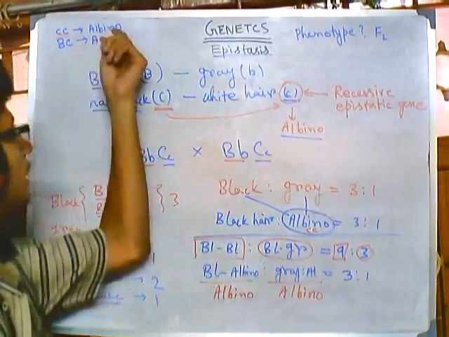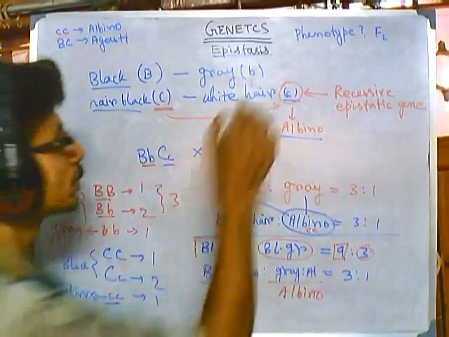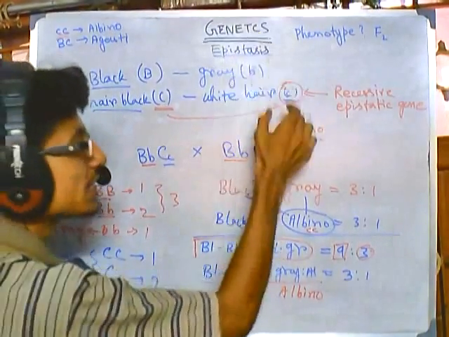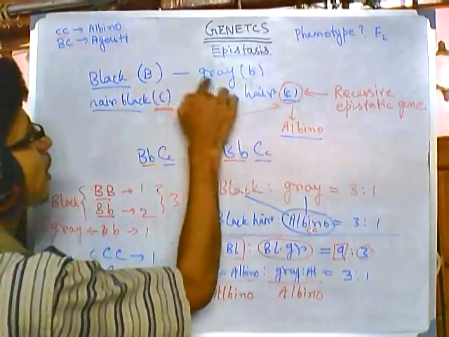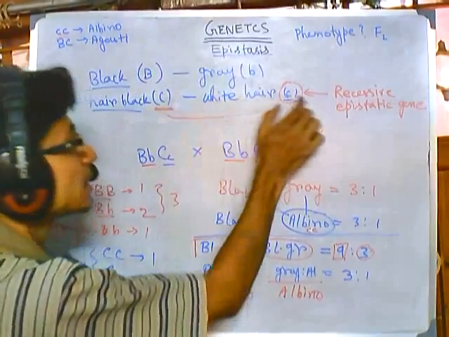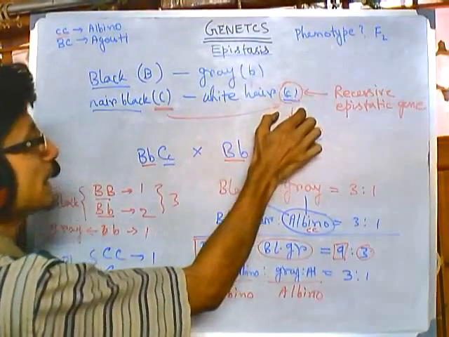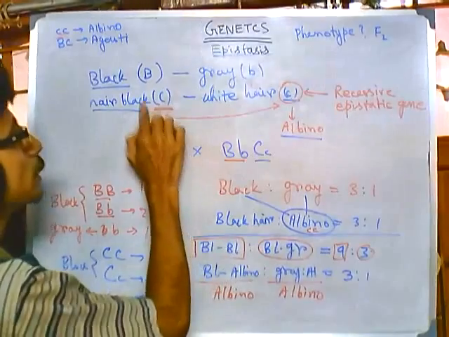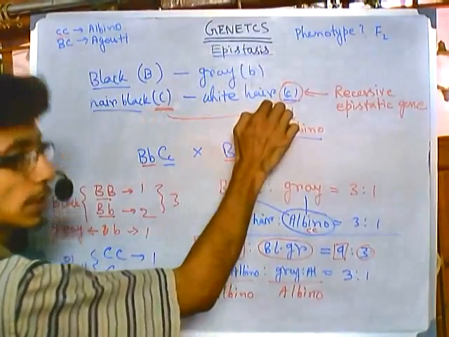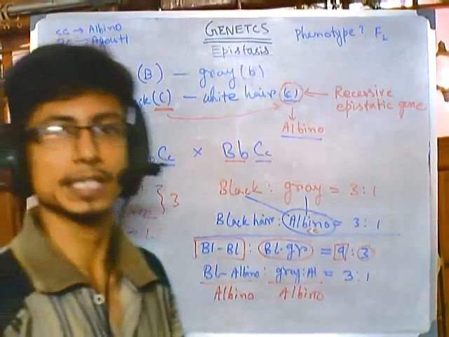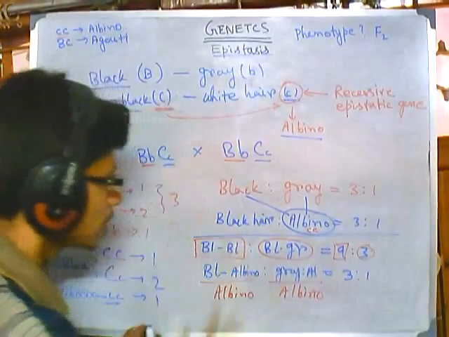If two small c's are there, it will convert it into albino, because the small c is epistatic over these black or gray hypostatic genes. But in turn the small c is recessive epistatic, because there is a capital C which is dominating over the small c. That is called recessive epistasis. Okay, so now what will be the ratio?